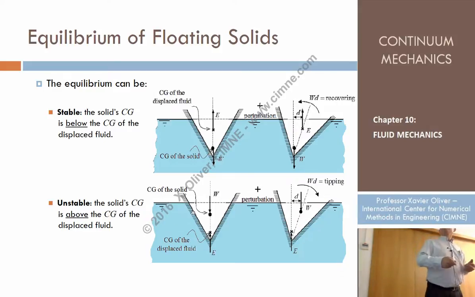In a ship, I mean, these ships that we see sometimes carrying a large amount of containers, the containers, which are the loading here, just raise the center of gravity. So they have to be very careful that the resulting center of gravity is below the corresponding center of buoyancy. Otherwise, the ship is not stable.